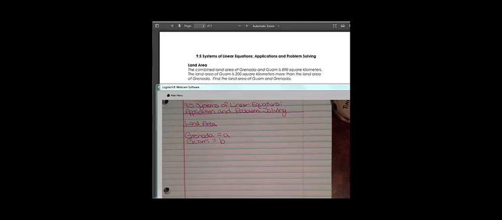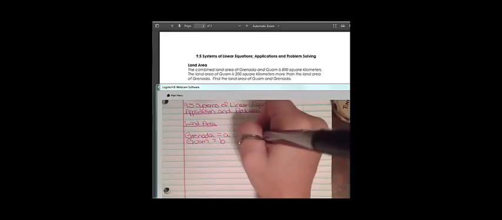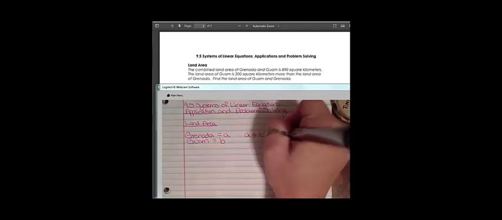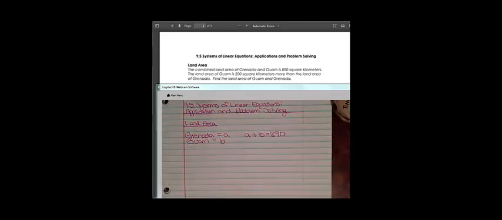The first line says the combined land area of Grenada and Guam is 890. When you combine something, that means you're going to add them. So we are adding Grenada and Guam, and that's 890 square kilometers. The second line says that the land area of Guam is, and whenever you see an "is" in a word problem, remember that's your equal sign.